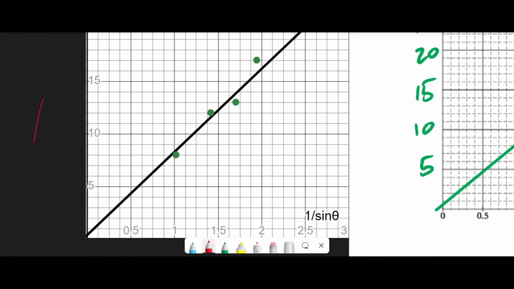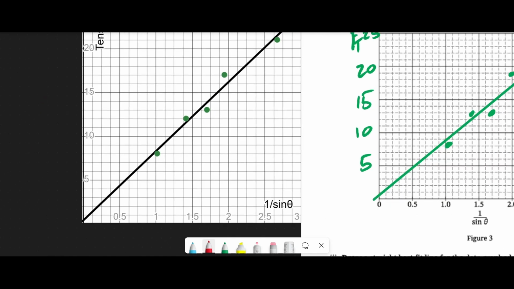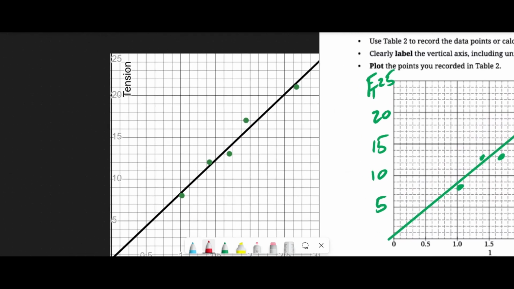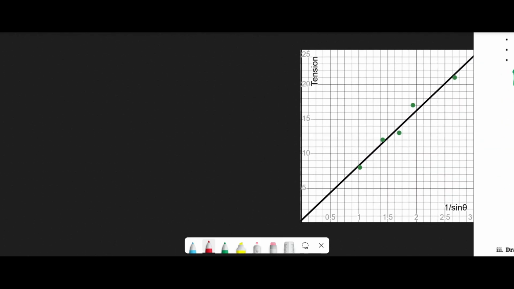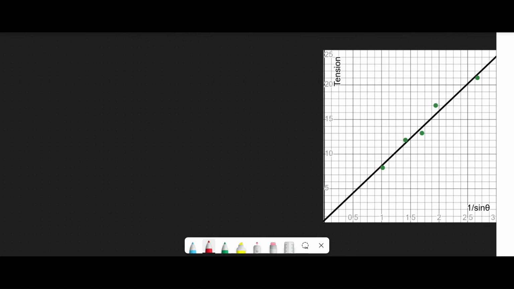And Desmos would do this for me, but I want to show you what it looks like without Desmos, because on the test you'd have to do it without Desmos, or you would have to be able to calculate it by hand. So it's good to be able to know how to do it by hand. So I'm picking points that are not part of my data that cross the grid lines of my graph here.